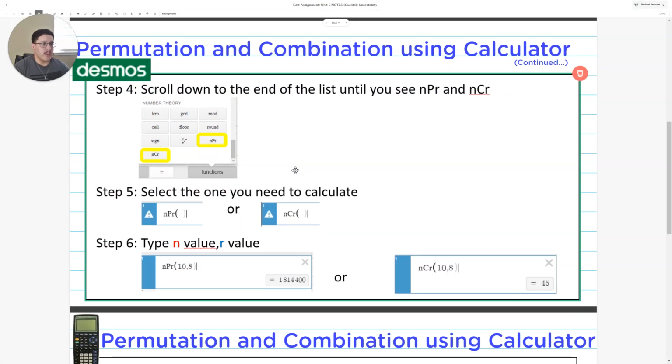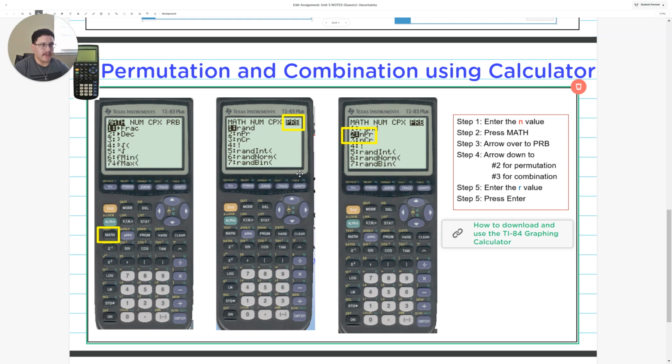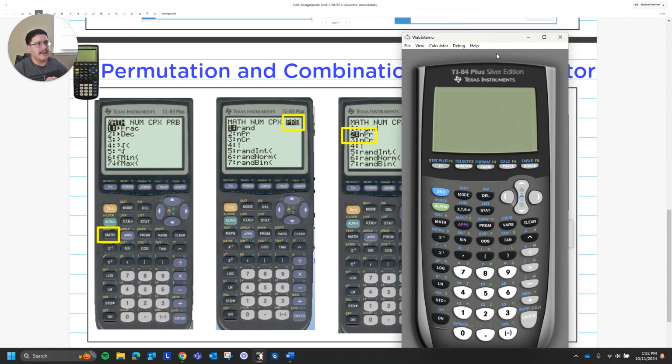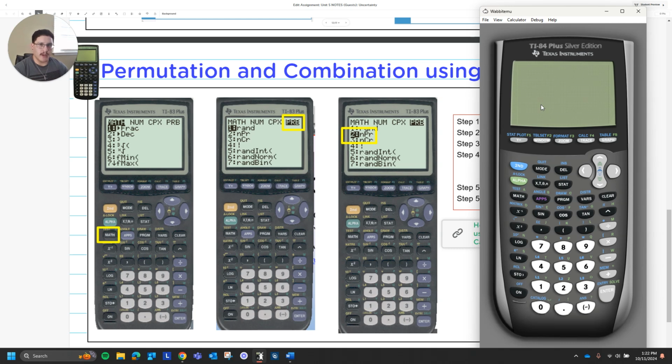And now, let's say we want to calculate permutations and combinations using a TI-84 instead. If you have a TI-84, you should have a physical one that they sent y'all through the supplies. But if not, if you go to the Practical Math course and go to the content, underneath resources, you should see the download for a digital TI-84 calculator. It's right there available for y'all with instructions on how to download it.